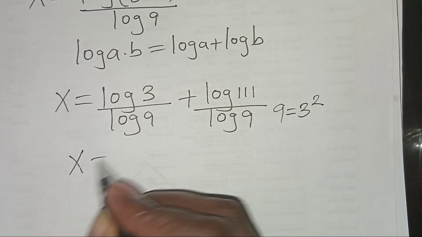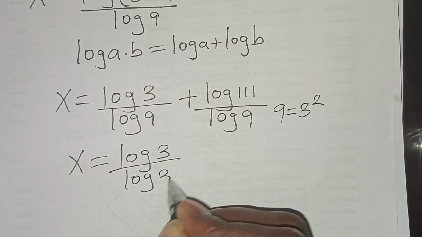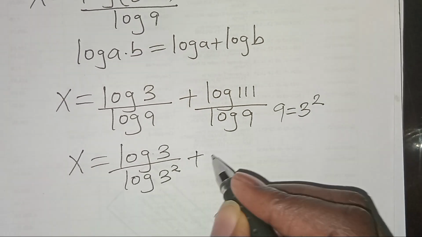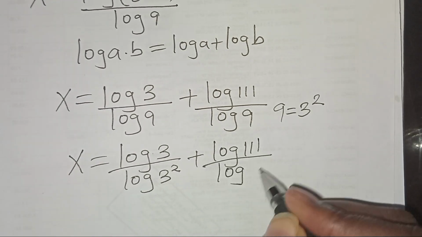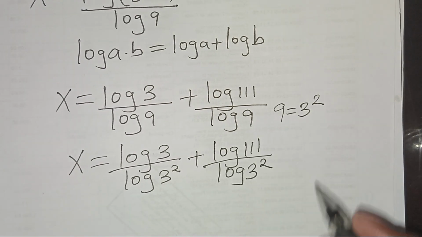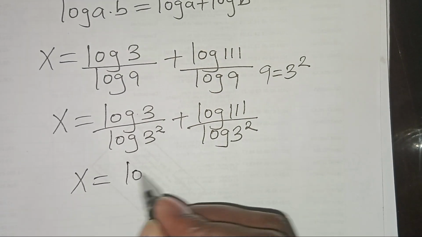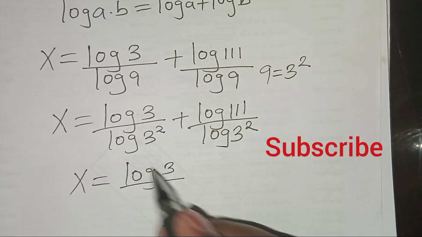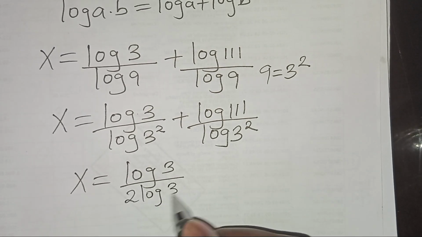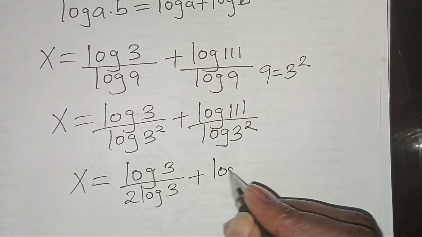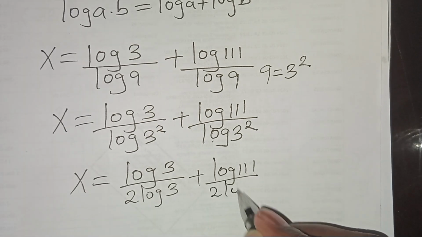So here we have x is equal to log 3 divided by log 3 to the power 2 plus log 111 divided by log 3 to the power 2. So x here is equal to log 3 divided by, now log 3 to the power 2, applying the power rule property, this becomes 2 log 3, plus log 111 divided by log 3 to the power 2 becomes 2 log 3.